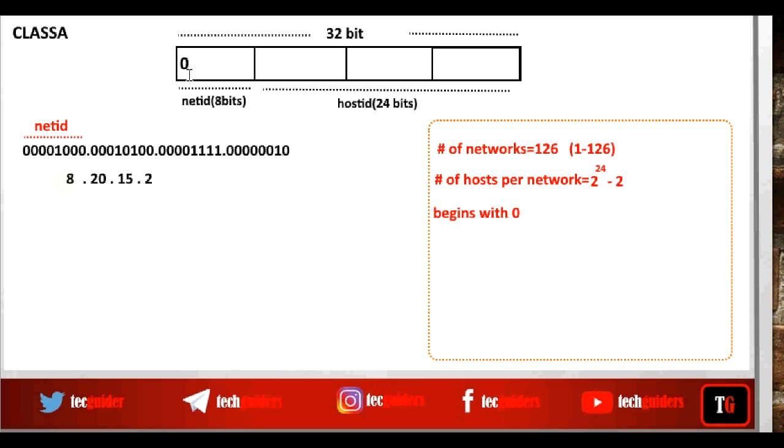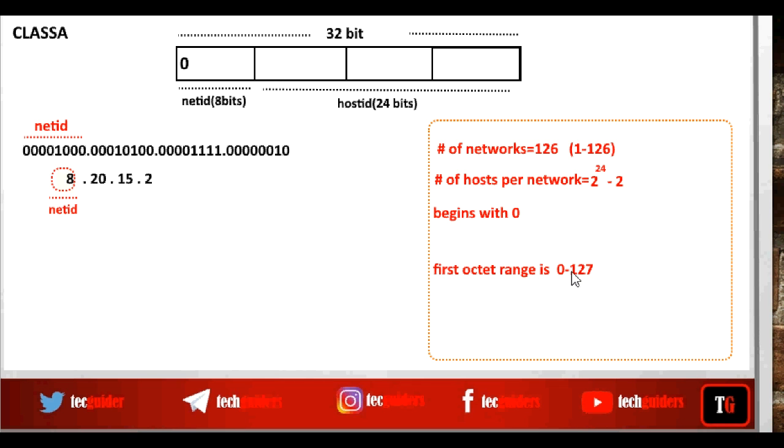In class A, the first octet ranges from 0 followed by 7 zeros to 0 followed by 7 ones. 0 followed by 7 zeros is 0, 0 followed by 7 ones is 2 power 7 minus 1. So the first octet range for class A is 0 to 127. So if the first octet is within the range 0 to 127, then it means it's a class A IP address, and hence the first octet itself is the network ID and the remaining 3 octets identify the host within the network.